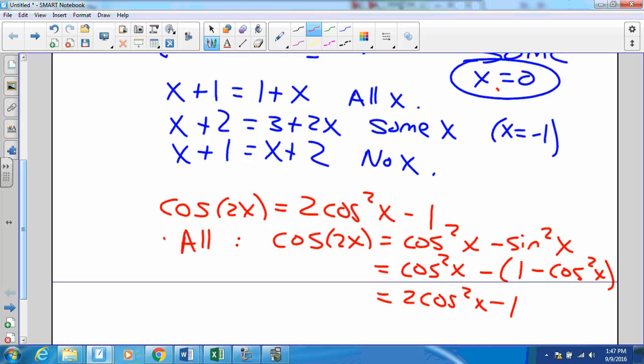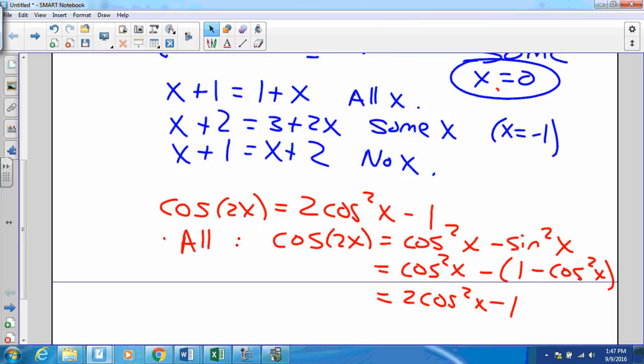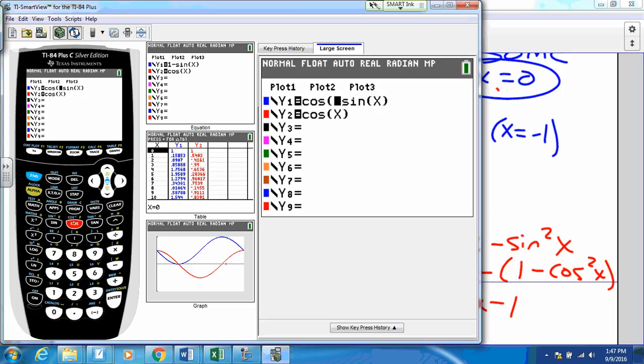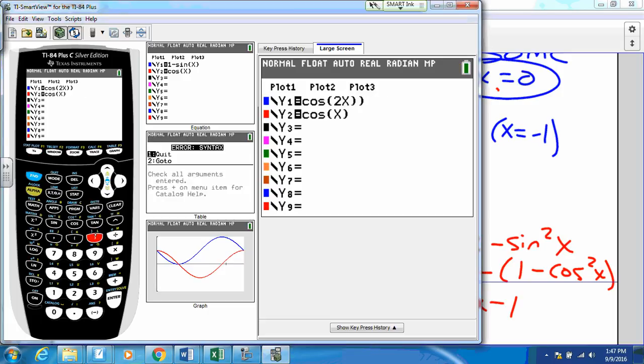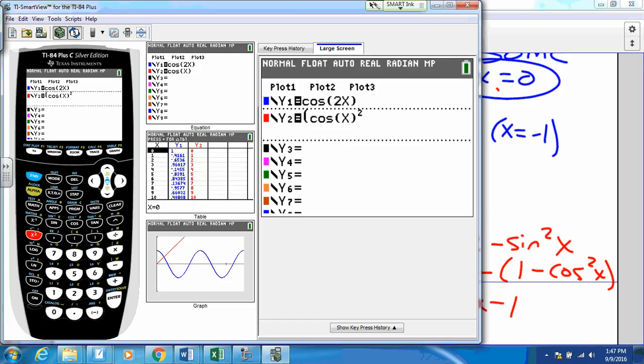now, if I wasn't sure about that, how could I get the all part? What would it look like? Well, if I were to graph it, it would look like this. Cosine of 2x. Notice that to do cosine squared x, I have to do cosine x in parentheses squared, like that. Nope, did it wrong.